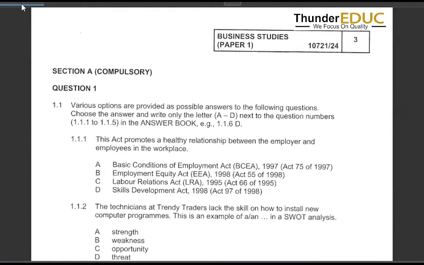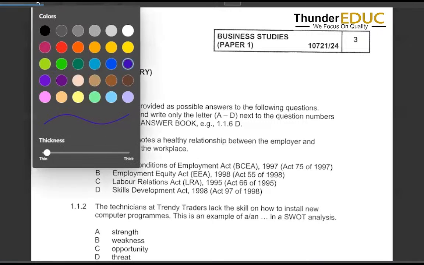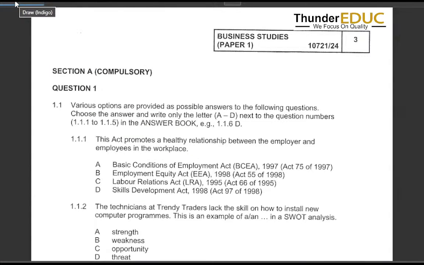So now if you check the first question, it says section A, compulsory. Okay, right, grade 12s.